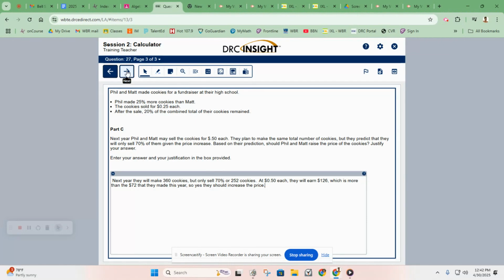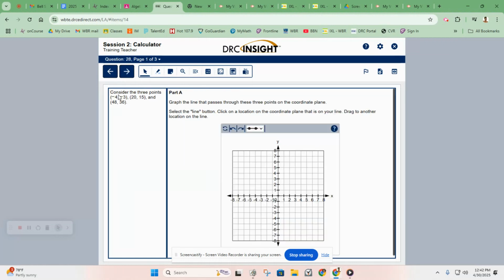All right, let's go to number 28. Number 28 says to consider these 3 points: (-4, -3), (20, 15), and (48, 36). Graph a line that passes through these 3 points in the coordinate plane. Select the line button, click on the location in the coordinate plane where you want your line and drag to another location. So I'm going to click my line button.